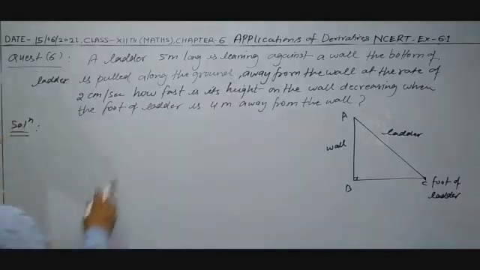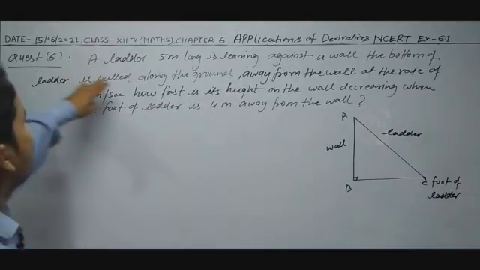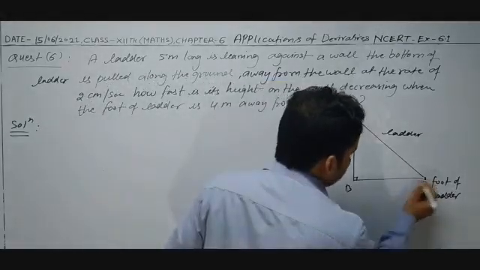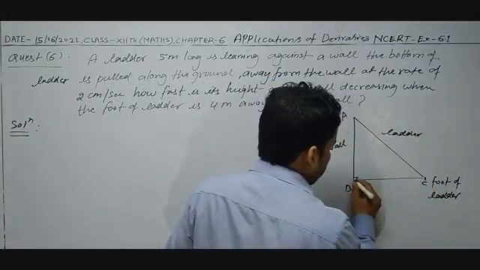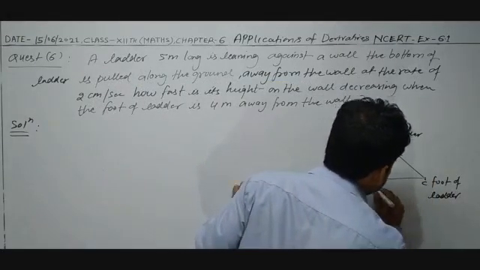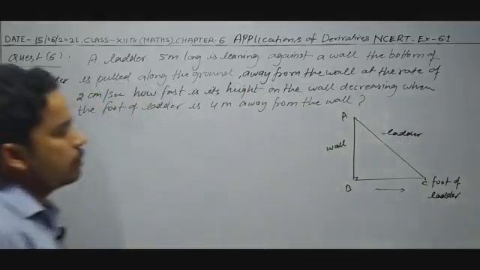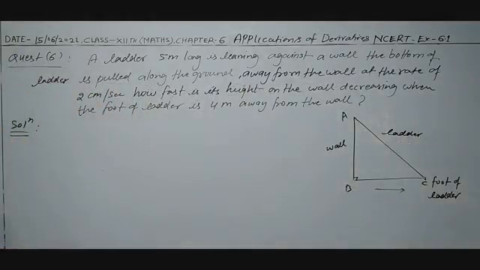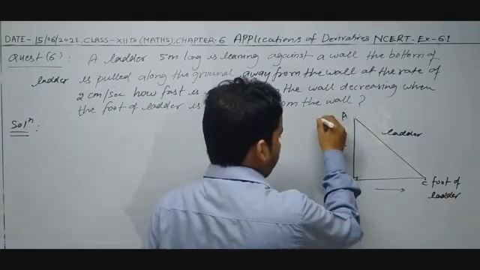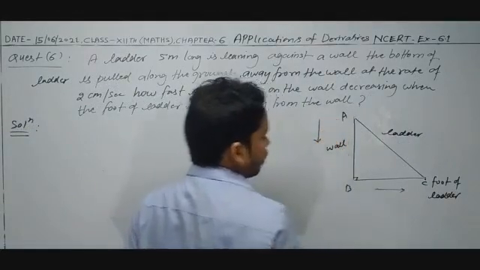Means ladder is pulled along the ground away from the wall, means position of foot of ladder is going from B to C. Then the point A will come from A to B.